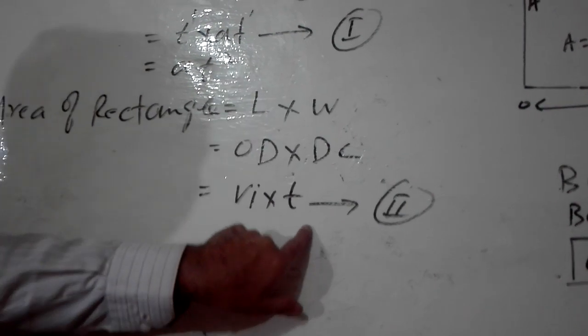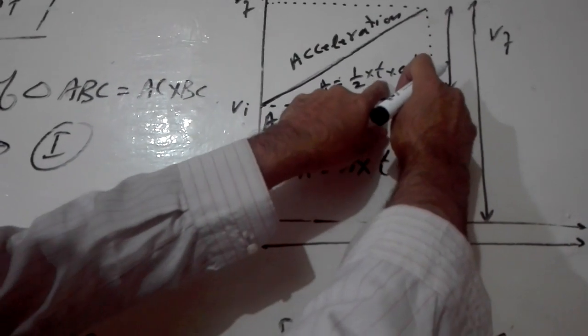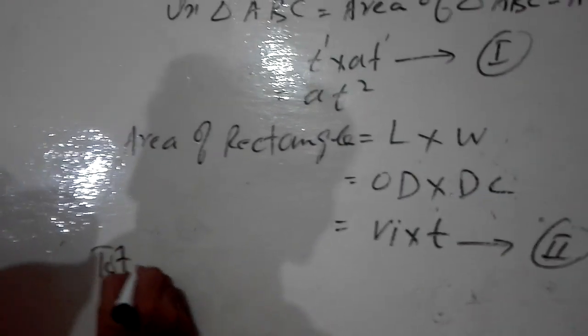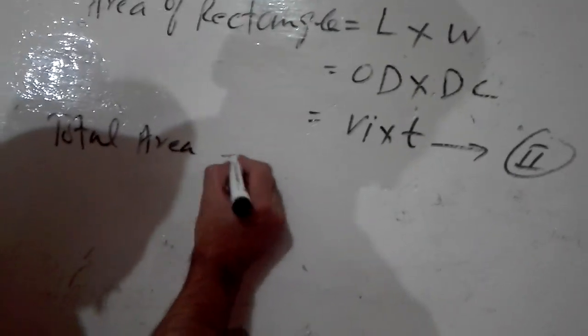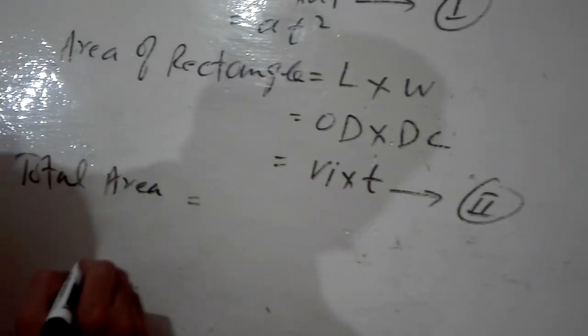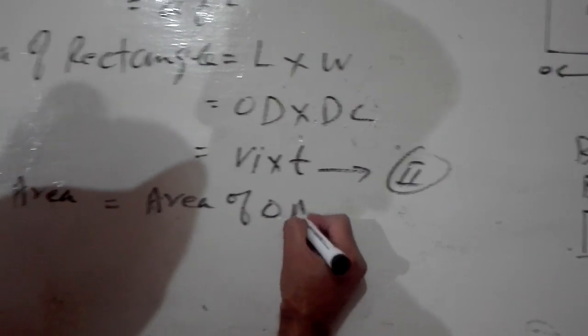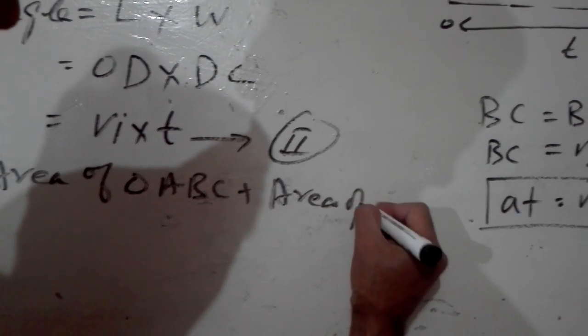So this is the second equation. Write it as equation 2. Now what do you have to find? The total distance under this curve. So you have to add both the areas: area of this triangle plus area of this rectangle. So we'll write total area equals area of triangle ABC plus area of rectangle.